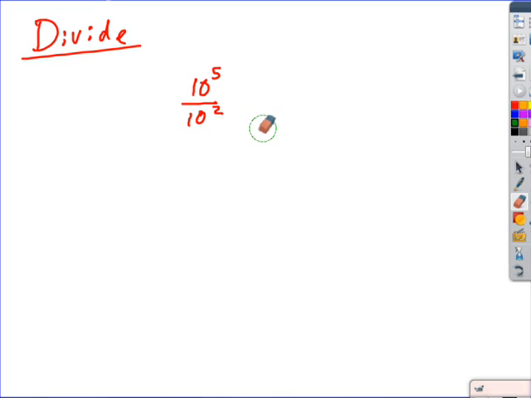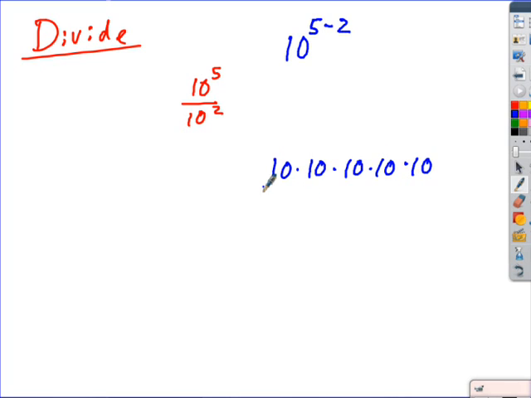So that'd be 10. You'll say this is 10 to the 5 minus 2, not plus. We're now subtracting. Remember, when you divide common bases with powers, that's like writing 10 times 10 times 10 times 10 times 10 over 10 times 10.